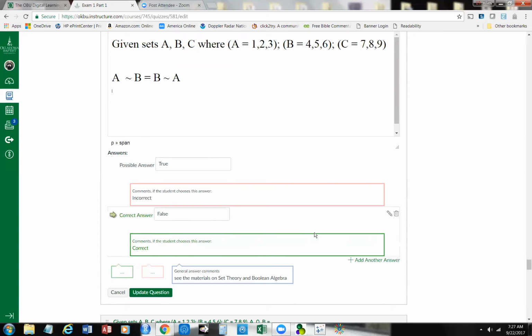It is false because if A is not the same as B, B is not the same as A. I got messed up on my set theory notation. I'm sorry. Excuse me, my brain's dead. It's 7 o'clock in the morning.